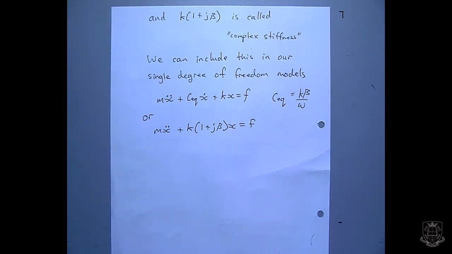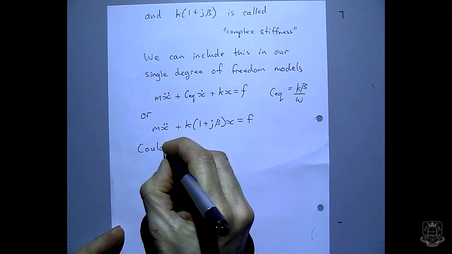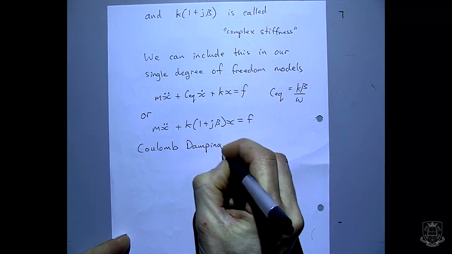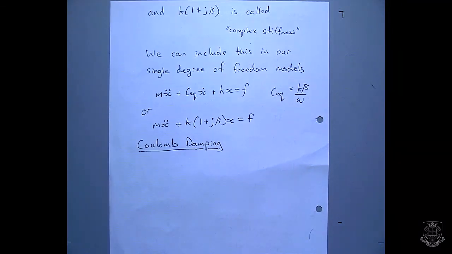So another concept which we need to think about, again the physical one, is friction damping. And usually people call it Coulomb damping. So, named after Coulomb, because apparently he's the person who devised this particular type of model for friction.